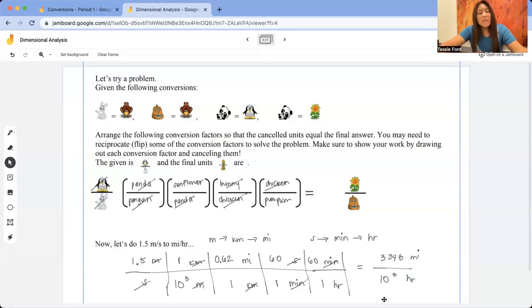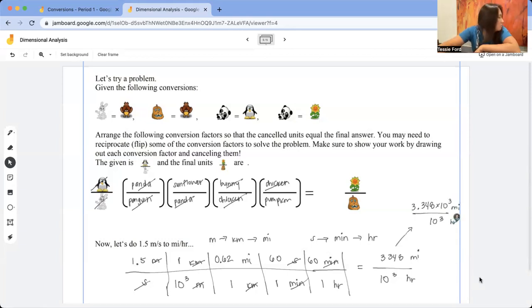Okay. The reason why I like scientific notation is because things cancel a lot of the times. So if I want to change that, I can change this into scientific notation, which is 3.348 times 10 to the third divided by 10 to the third, because of this, the hours, this is miles. This is hours.